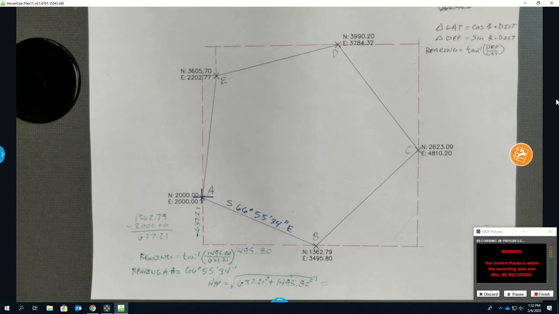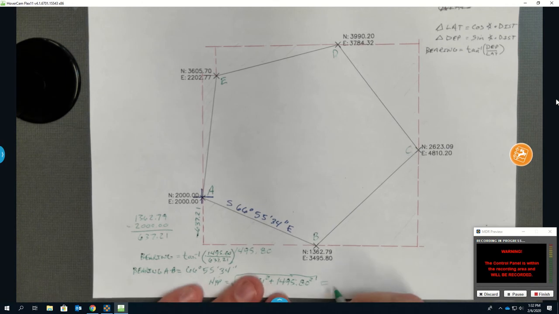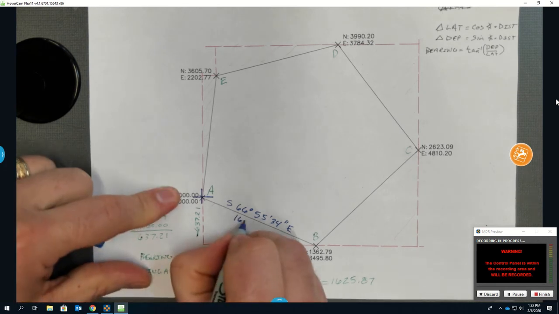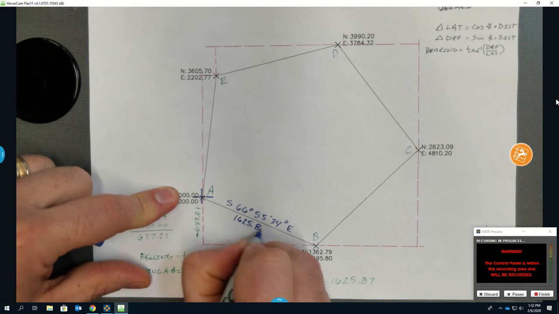Did anybody get it? Say that again. 1625.87. Everybody concurs with that number? Okay. So our distance then is 1625.87.